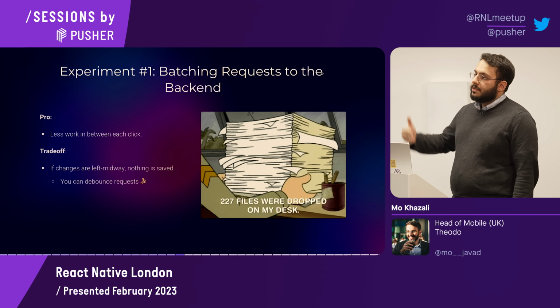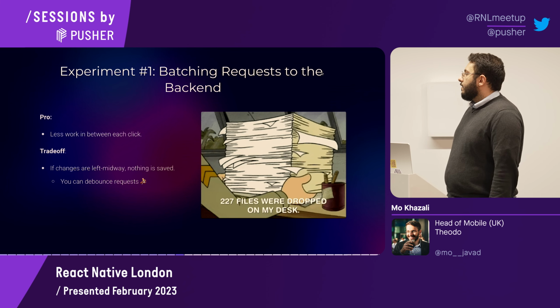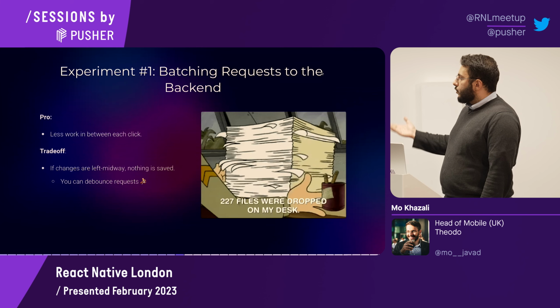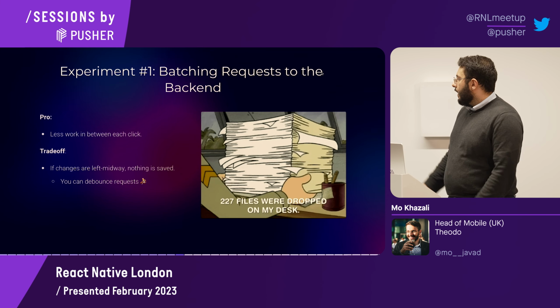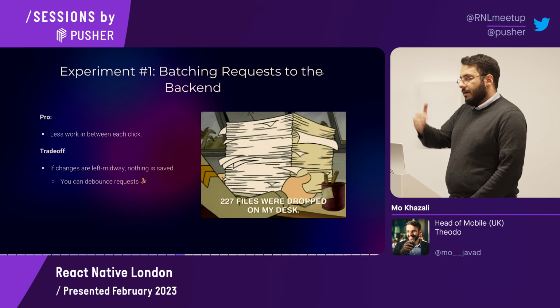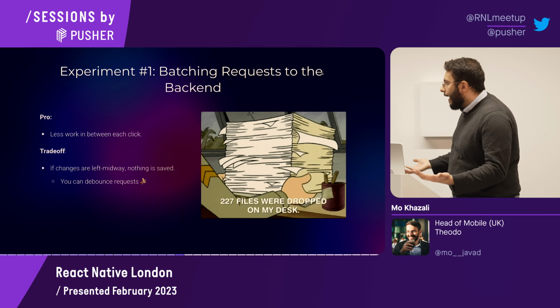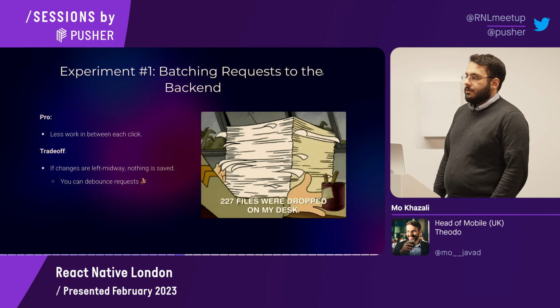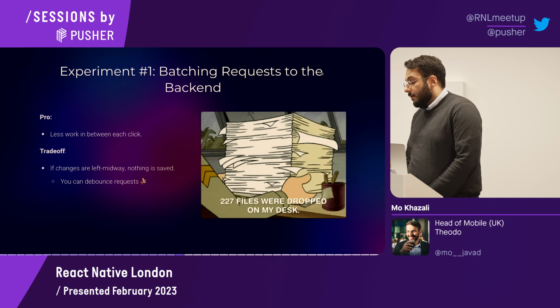By batching the requests to the very end of the flow, we found that there was less work in between clicks. There is a trade-off that if your changes are left midway, nothing is saved, so you need to go through that flow again. But in our use case, that didn't really matter. And you could debounce the requests anyway if you wanted to, and just reduce the amount of requests rather than batching them all at the end.